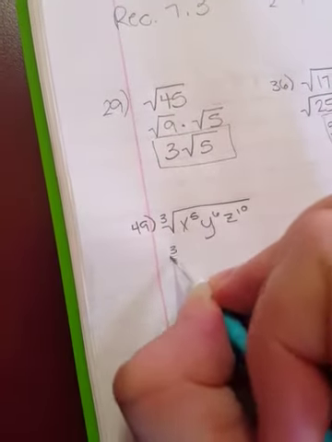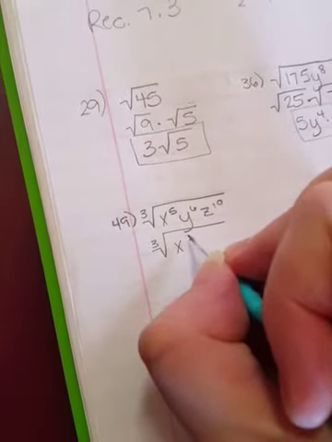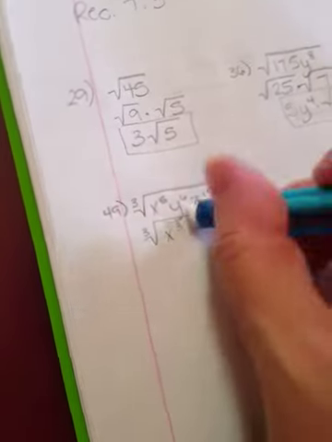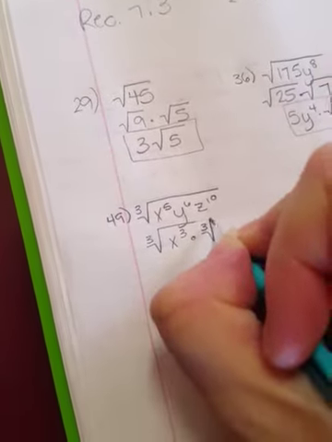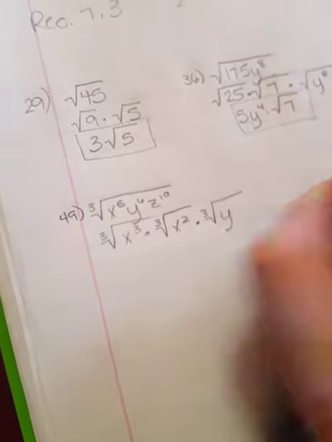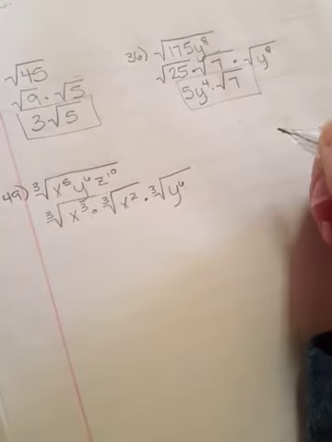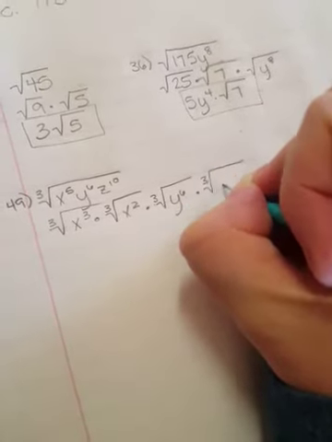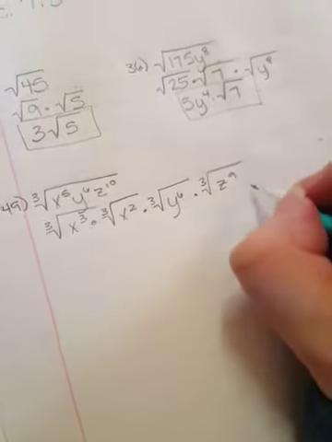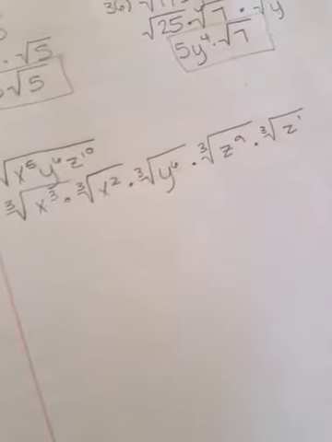So we have the cubed root of x to the 3rd, times the cubed root of, we have 2 left over, so x squared, times the cubed root of y to the 6th, because that can be cubed, times the cubed root of z to the 9th, times the cubed root of z to the 1st.